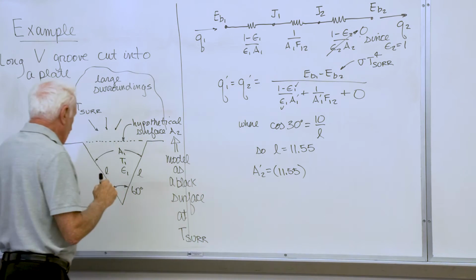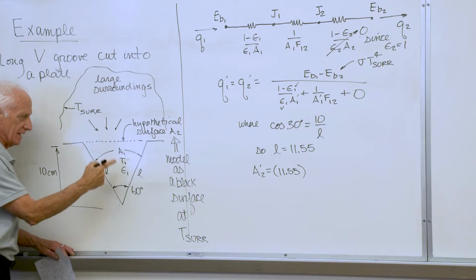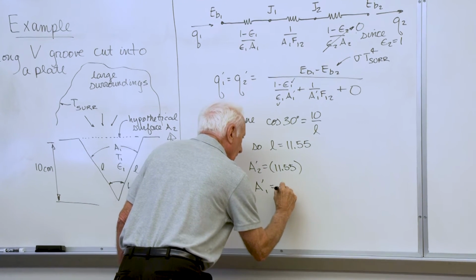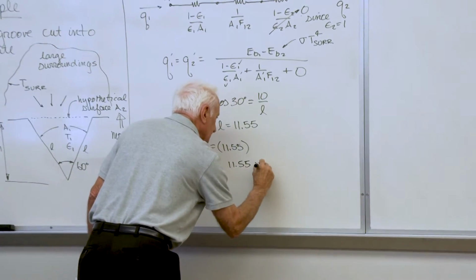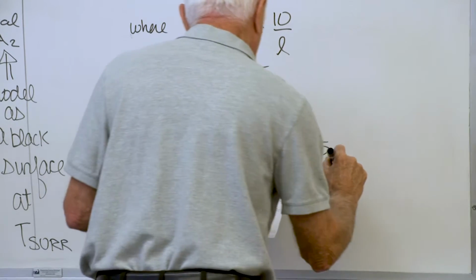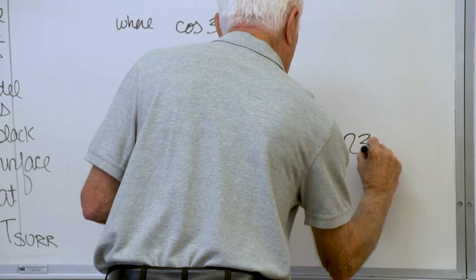Okay, let's take A1. A1 is composed of two sides, left side, right side. A1 prime: 11.55 plus 11.55, 23.1.